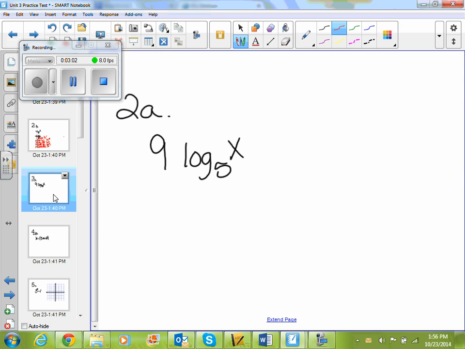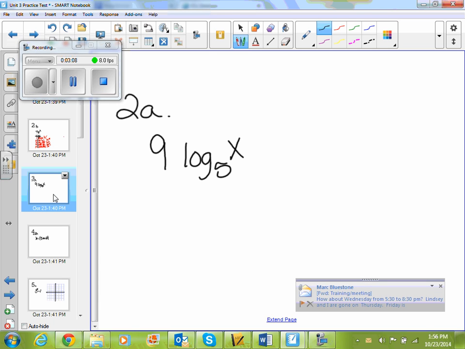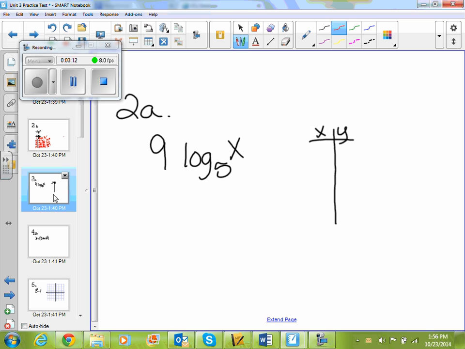If we do the same thing for 2A and B, we're going to be plugging these into our calculators and making a table of values. I'm going to use 1, 2, 3, 4, and 5 again. So if I plug in 1, then I get 9 log base 5 of 1.